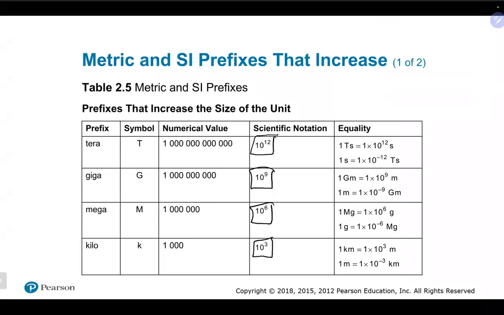So let's talk about this one here, the kilo. When we look at a table like this, it says kilo is 10 to the 3. And if you needed to punch that in your calculator, you'd punch it in proper scientific notation as 1 times 10 to the 3, like we talked about using your exponent button.